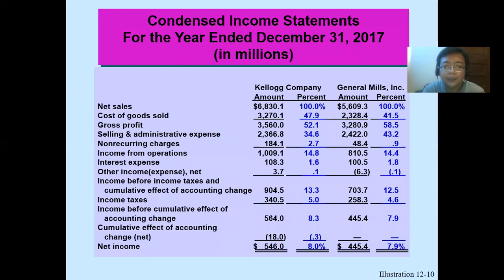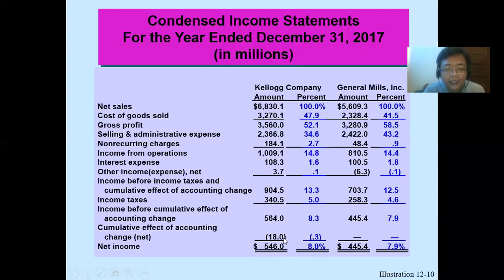How about if you compare it with your competitor, let's say Kellogg Company versus General Mills? As you notice, in terms of amount, which is bigger? Kellogg. But in terms of percentage, it's the same, 8.0, quite close. In reality, for Kellogg, the majority of the expense is selling and admin, and General Mills is even bigger. 8.0% is the profit margin.